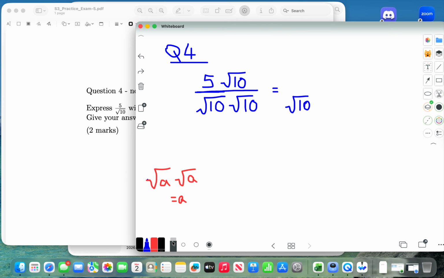And I made a mistake. I wrote root 10. I meant to write 10. Now 10 is an integer, and an integer is rational. So we have what we wanted, and we have 5 root 10.